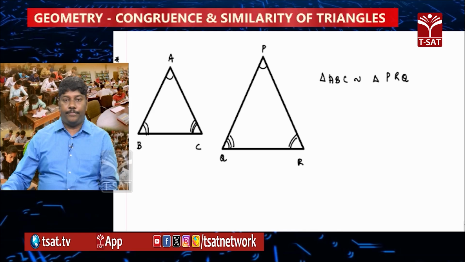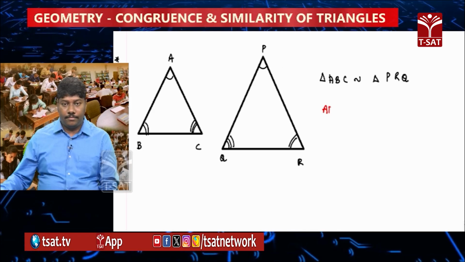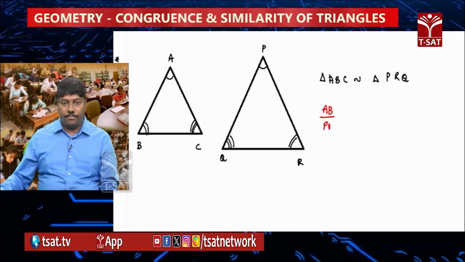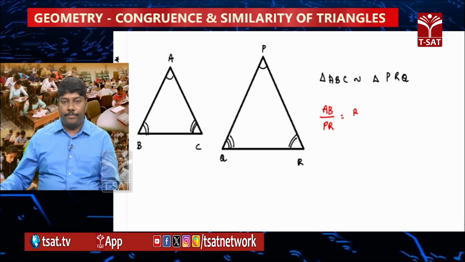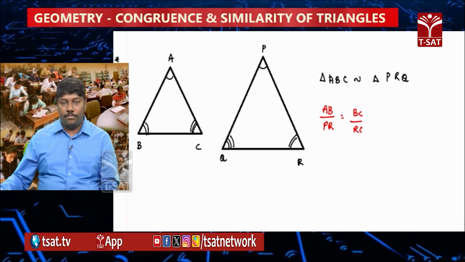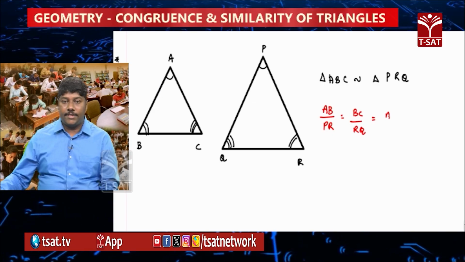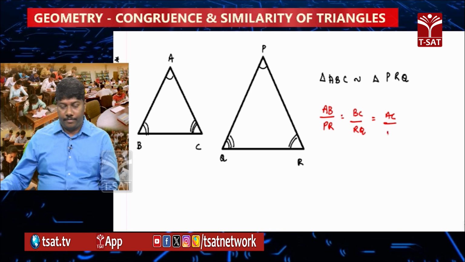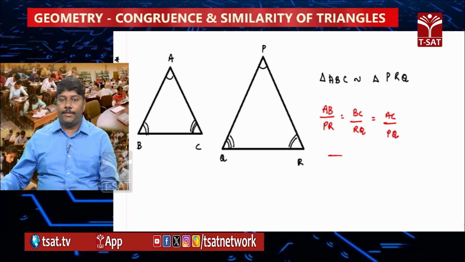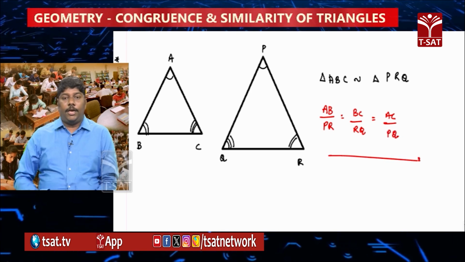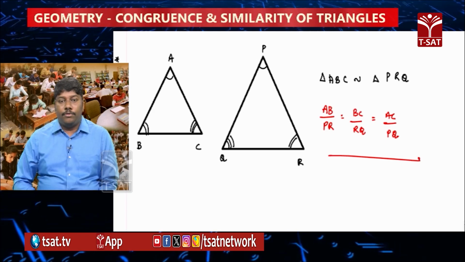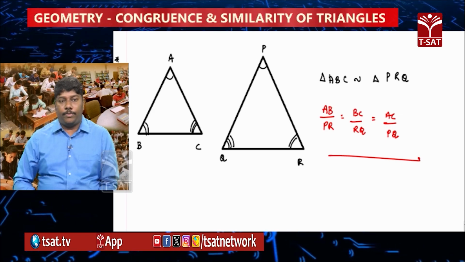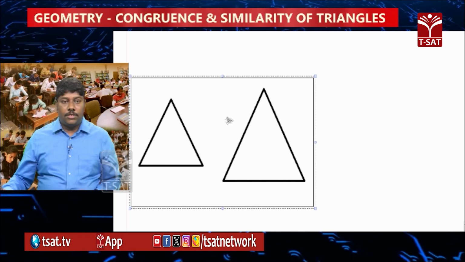Now we say AB by PR, BC by RQ, AC by PQ. Like this we say area 1 by area 2 is equal to any of these sides' ratio whole square. That's how we proceed.